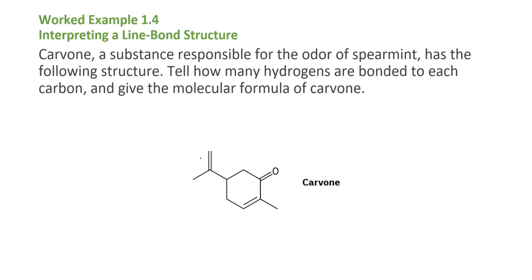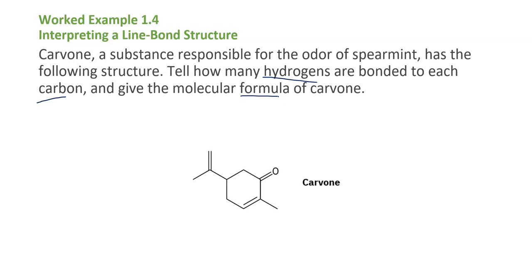Okay, so the way line structures work, and this example is just throwing you right into it. Every point where the line is or meets is a carbon. So I can go through. They want you to tell how many hydrogens are bonded to each carbon and get the formula. So it's basically just telling me what I'm looking at.